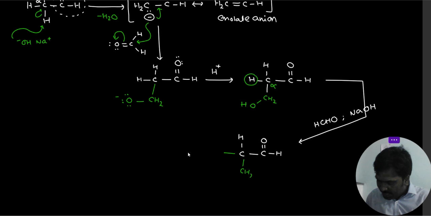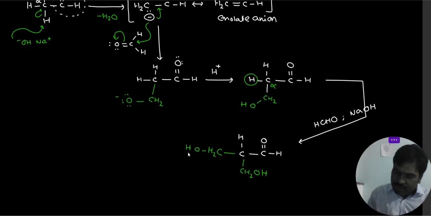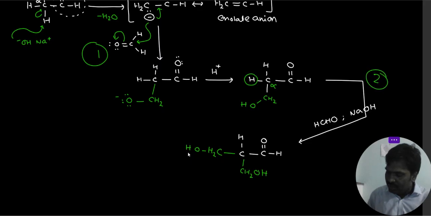Now this is the second time aldol addition. This is the first time, this is the second time. Now you can do the third time aldol addition because the third alpha hydrogen is there.